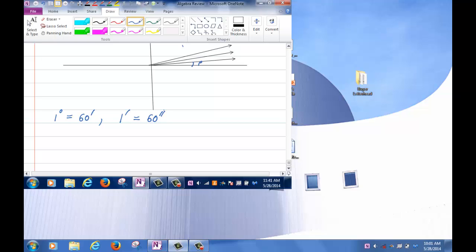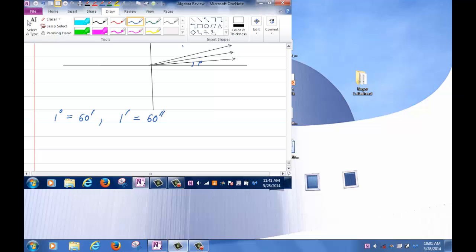Why 60? Well, the reason is where they came from. The degree measure comes from the ancient Babylonians, which is thousands and thousands of years ago. We use 10 symbols for our numbers, right? 0, 1, 2, 3, up to 9.